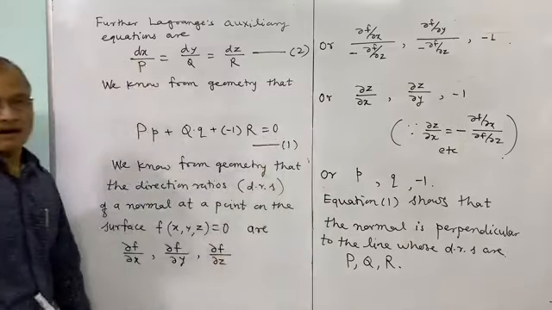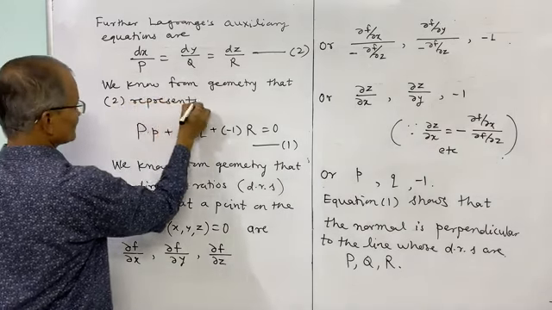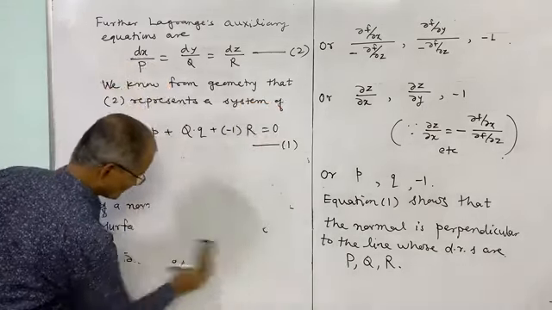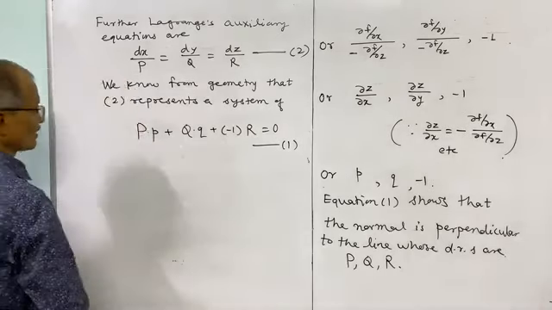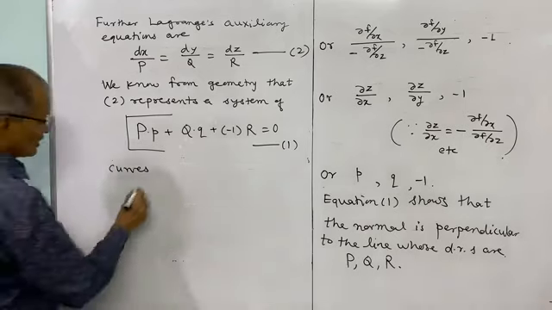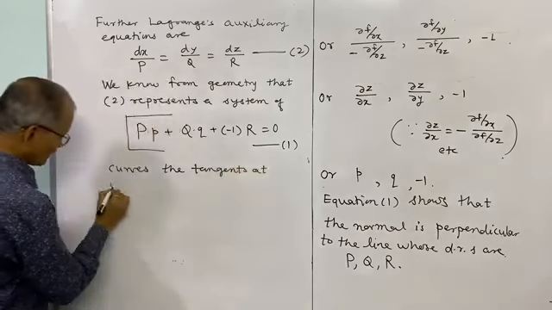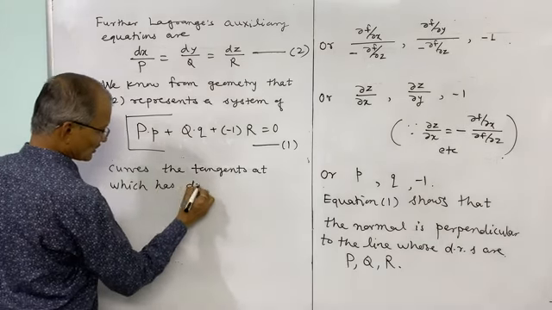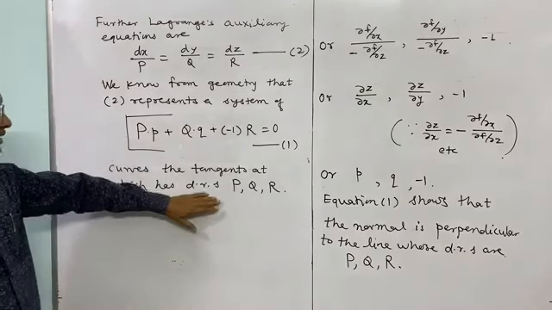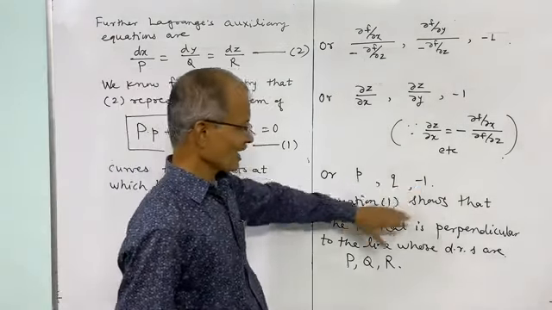So we know from geometry that equation 2 represents a system of curves, the tangents at which have DRs capital P, capital Q and capital R. So these capital P, Q, R are the DRs of the tangent, and small p, small q and minus 1 are the DRs of the normal.